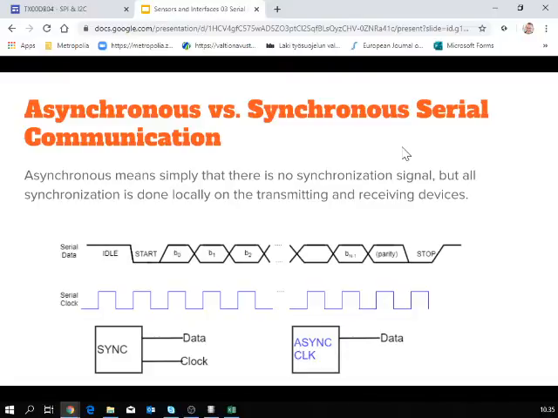Okay, so if you look at serial line data overall, the asynchronous lines usually start with idle, then the start bit, and then you have the data bits followed by the stop bit.